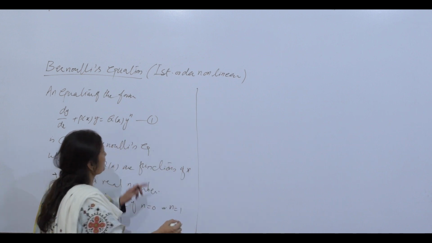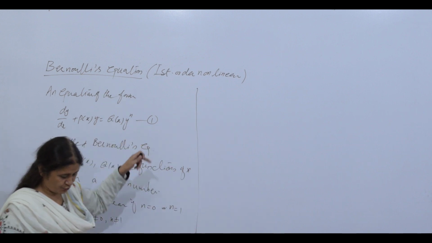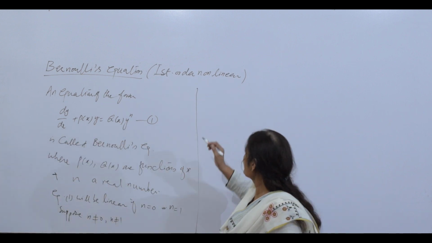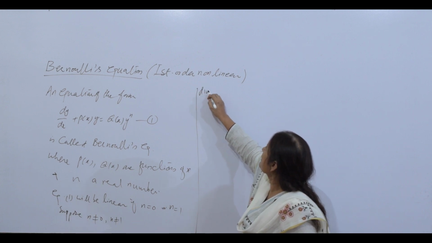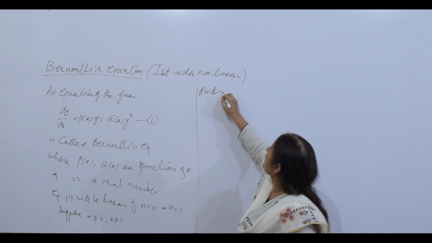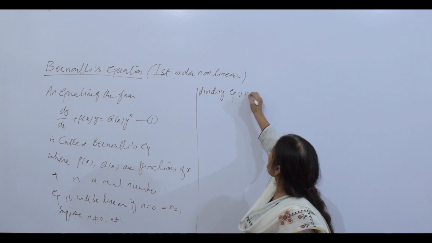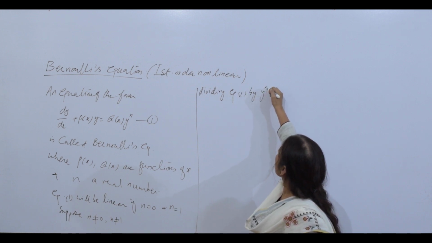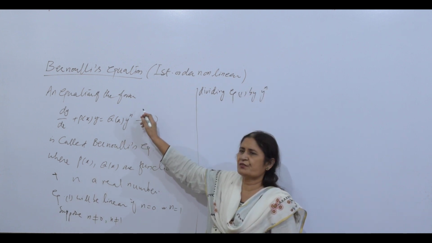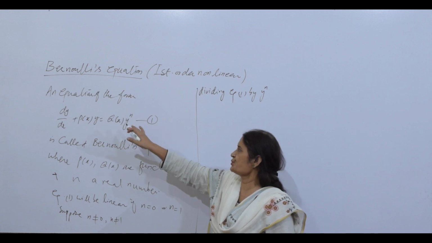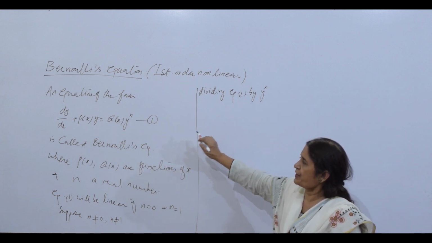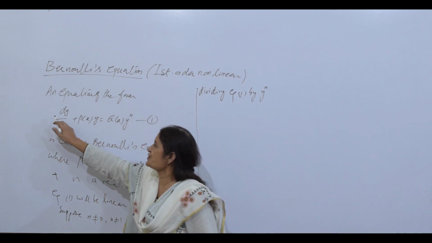To reduce equation 1 to linear form, how to proceed? Dividing equation 1 by y^n. It could be anything, y^3, y^-5, whatever it is. So this is the standard format of the Bernoulli equation, where the coefficient of dy/dx is 1.